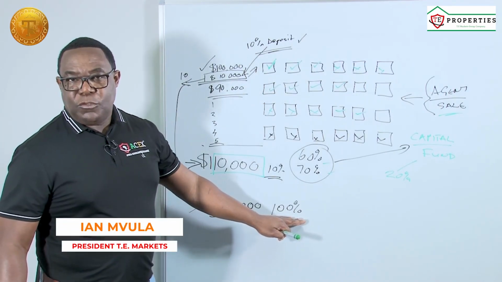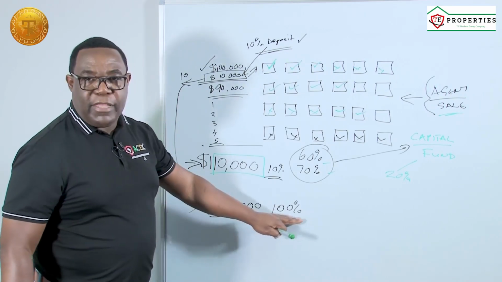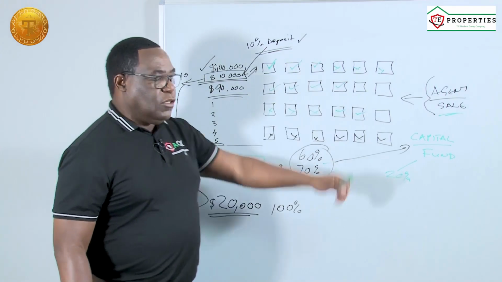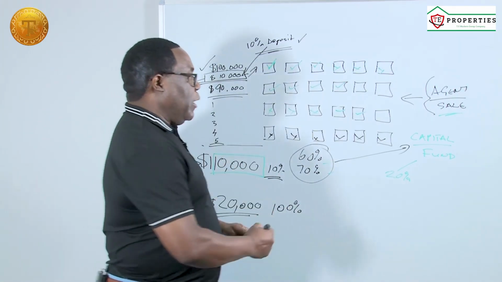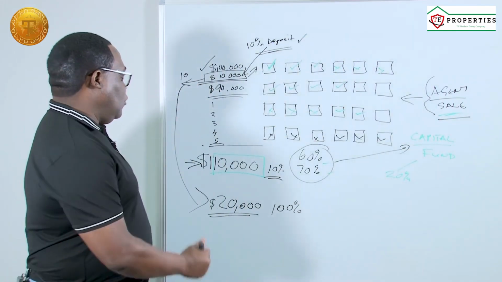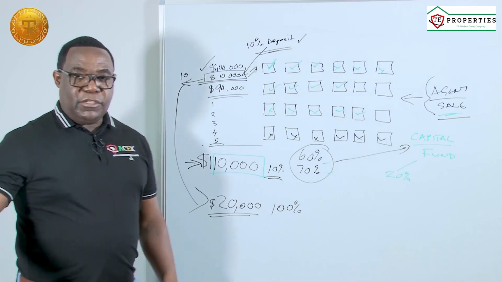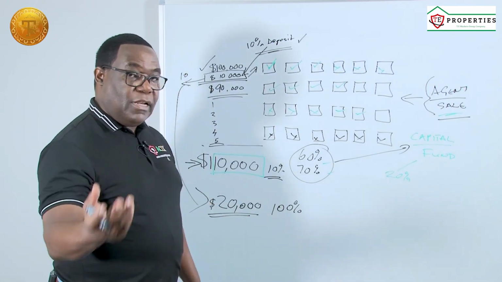Even if you're an amateur, you shouldn't make less than 70% profit on that. But if you've been doing these transactions over time, you'll get to learn how to work with the agents so that they don't take a lot of fees out of you, and you'll know how to eliminate the attorneys and do your own contracts, more especially if you have a legal mind.